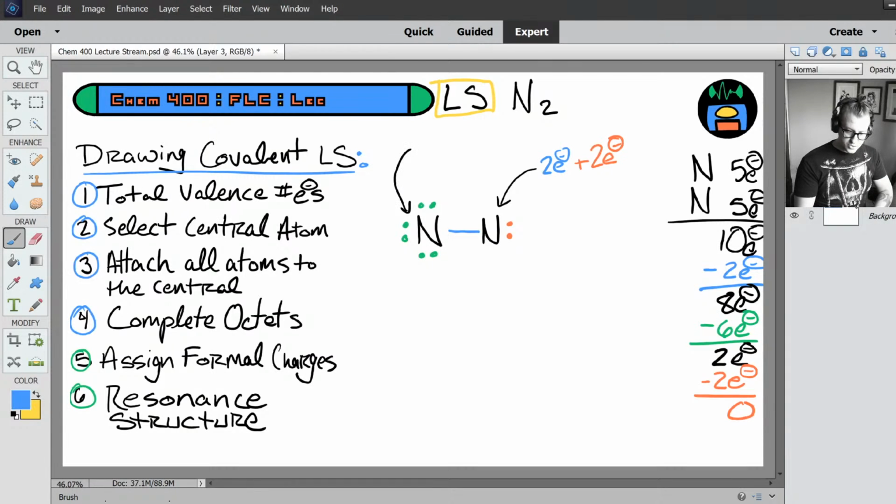If you look at this nitrogen, it has 2 electrons in its bond plus 6 electrons worth of lone pairs, so it has a full octet. Our nitrogen on the right does not have a full octet. So you take 2 electrons away and use them to make a double bond between the 2 nuclei.